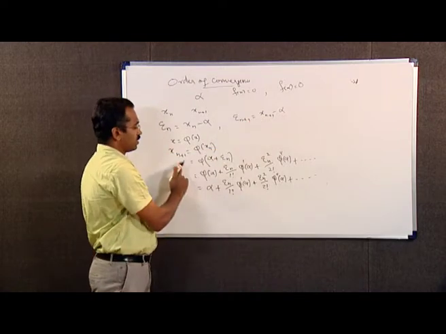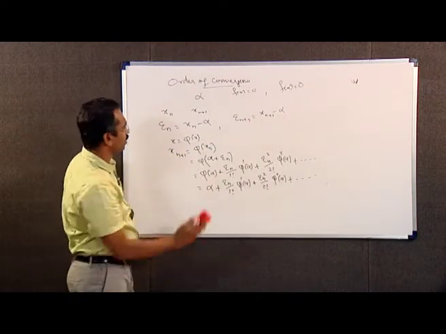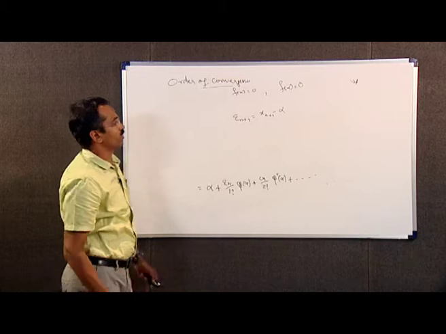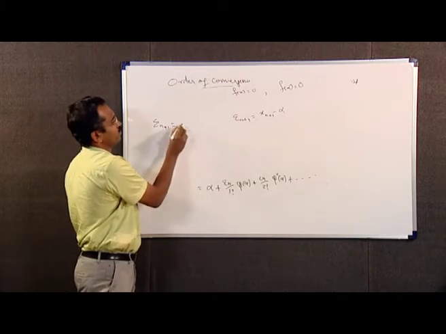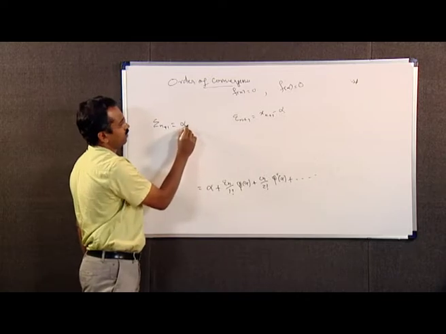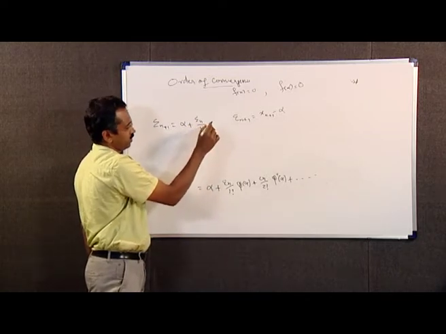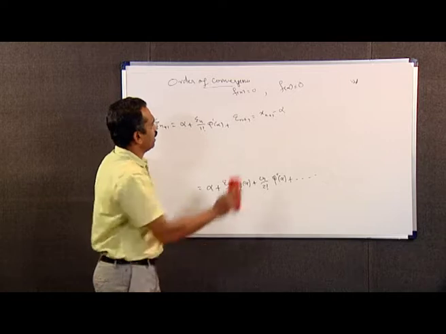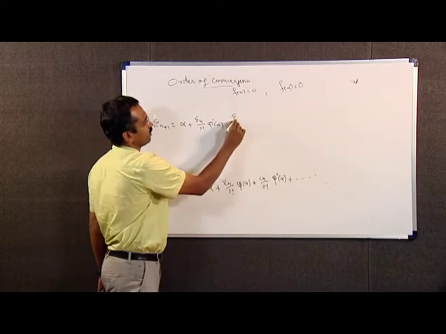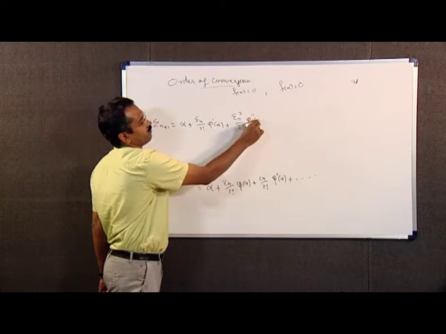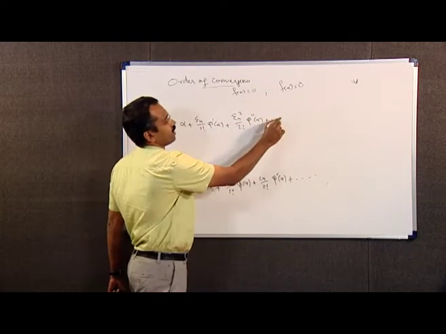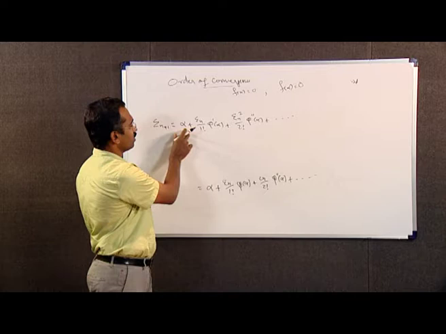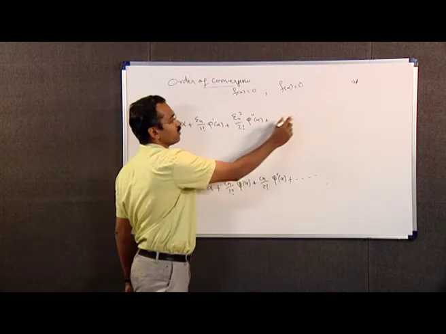We substitute this x n plus 1 here, that is epsilon n plus 1 is equal to alpha plus epsilon n by 1 factorial into phi dash of alpha plus epsilon n square divided by 2 factorial into phi double dash of alpha plus etc., minus alpha.